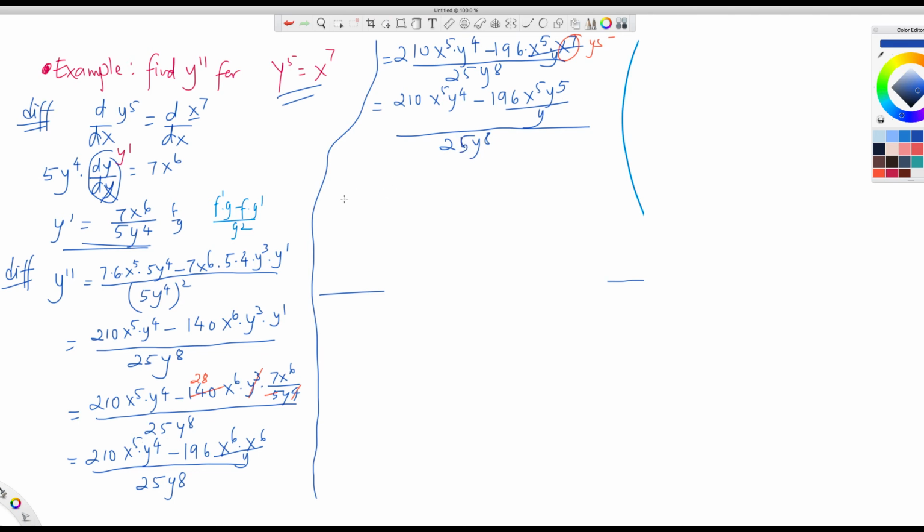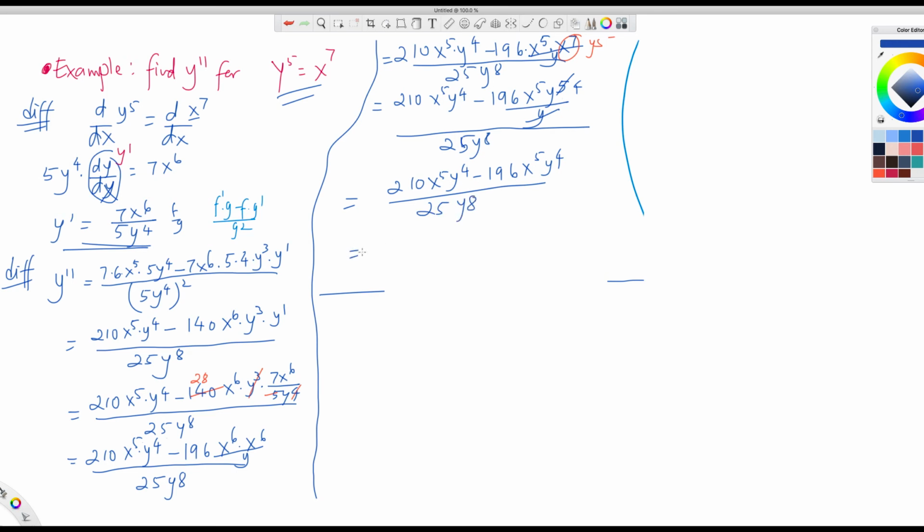So what do you get? You cancel out that one term there, and what is left is y to the 4, right? So you get 210 x to the 5 y to the 4 minus 196 x to the 5 y to the 4, divided by 25 and then y to the 8.